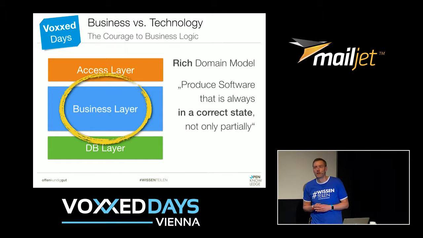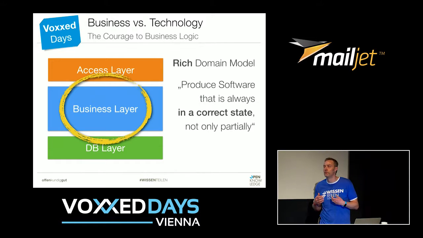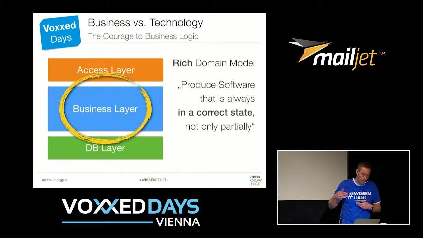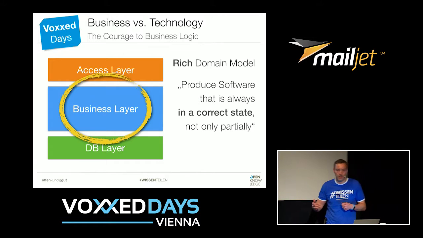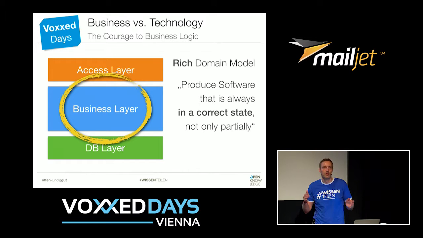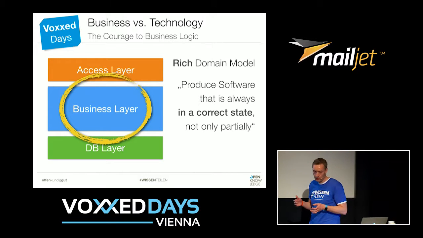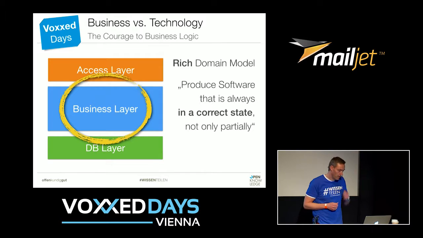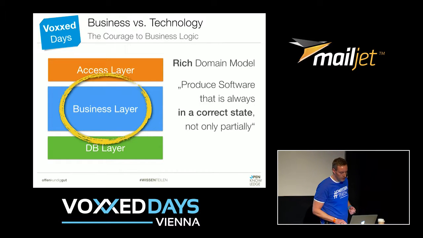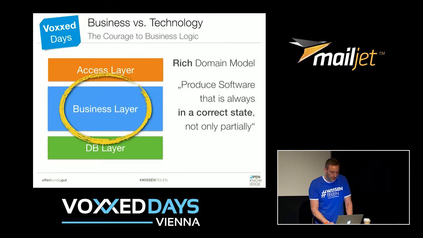But it does this only in special moments, for example, when data comes from JSF, or when you try to store data in your database. But the whole time between these two moments, you can corrupt your data, or you can corrupt your model and get an inconsistent state. And this is something we have to avoid.